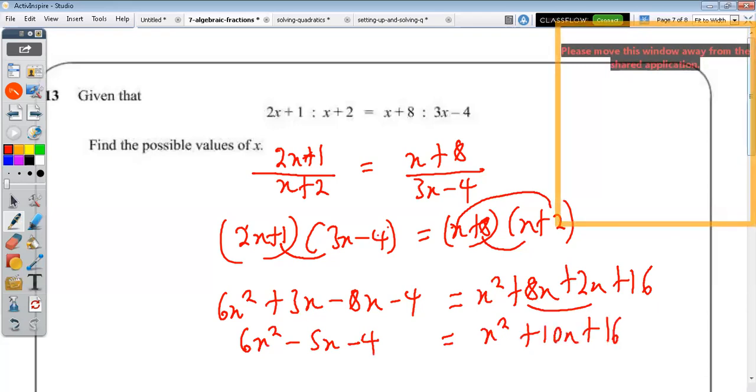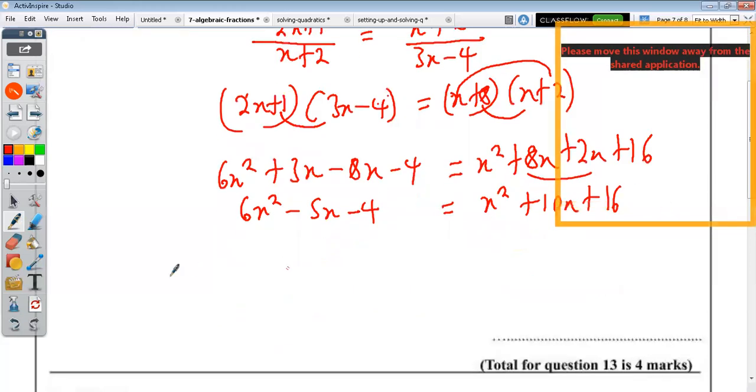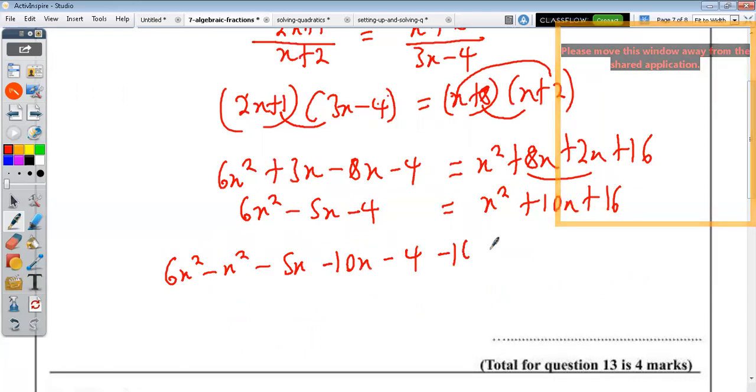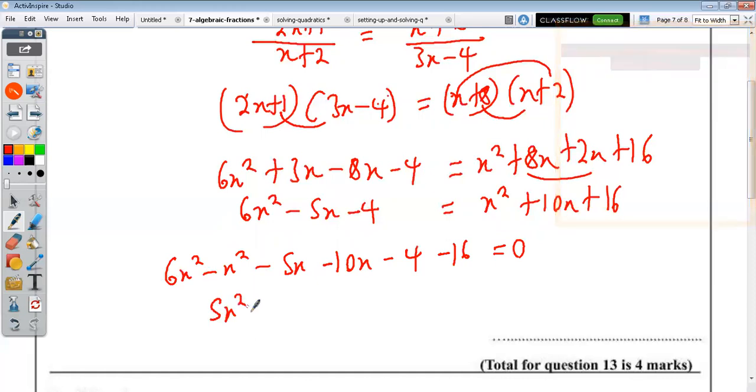Move everything on one side so that I get 6x squared minus x squared minus 5x. Move the 10x, it becomes a minus 10x plus a positive. Minus 4, move this positive 16, it becomes a minus 16 is equal to 0. Clear? Subtract there, we get 5x squared.